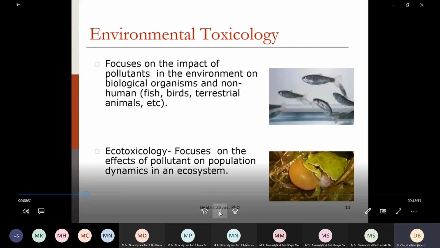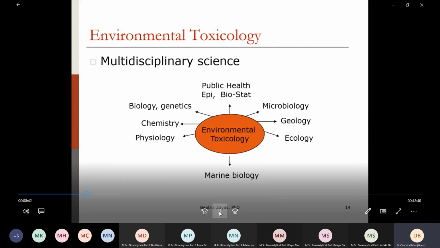So it's still interested in the individual, but also in what happens when those pollutants are in an ecosystem and how they interfere with the dynamics. For those of you in public health, biology or chemistry, you could clearly see how environmental toxicology is a multidisciplinary science where multiple areas are integrated. And I think that's the beauty of it: it's not only a pure science, it's an applied science.